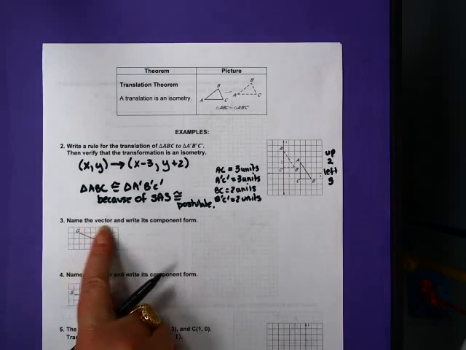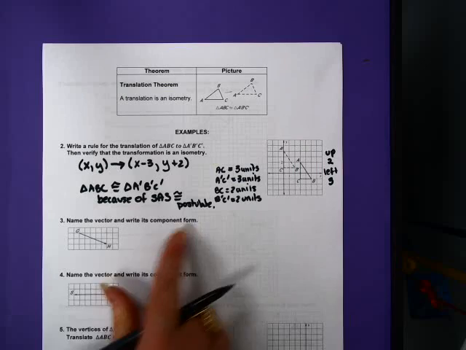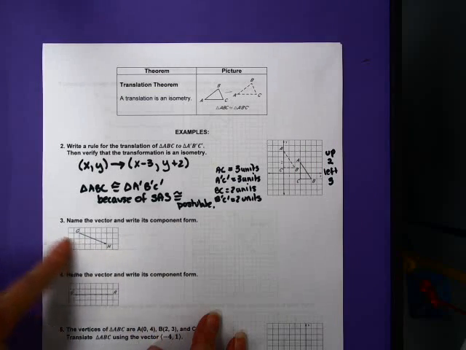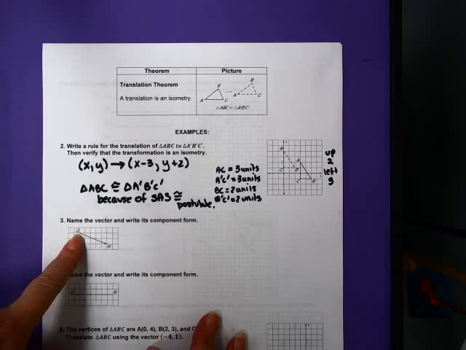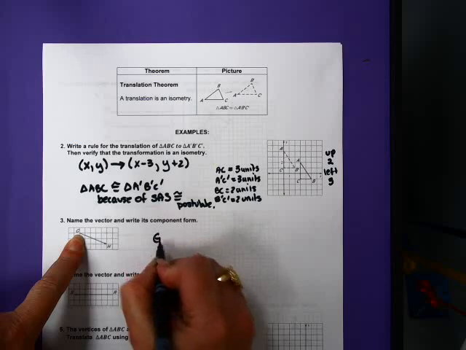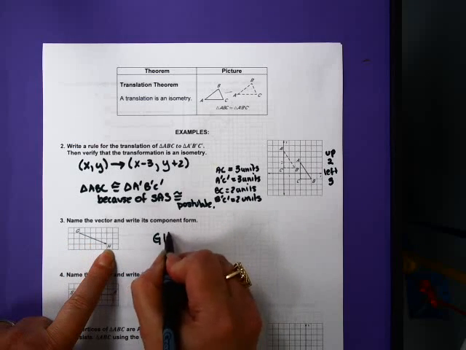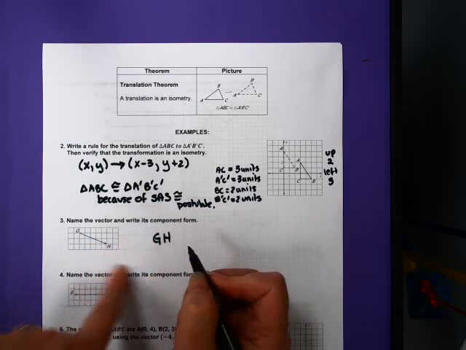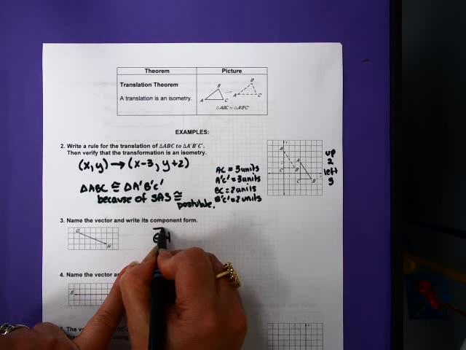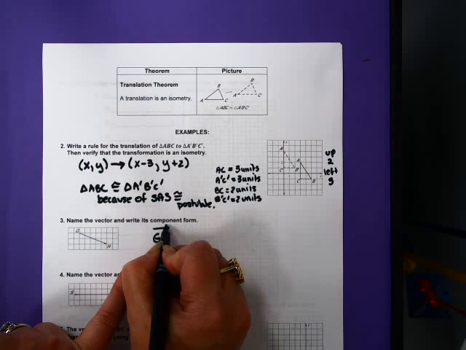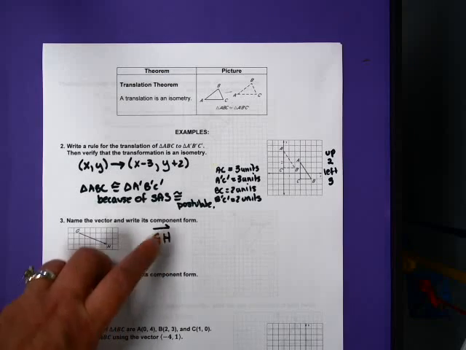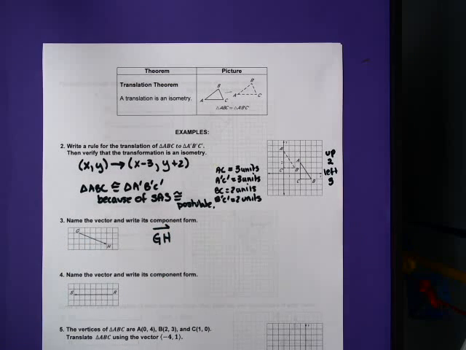All right, next one. Name the vector and write its component form. All right, where's the beginning point? Where's the end point? It begins here at G. It ends here at H. And to use vector notation, it's an arrow with only one of the little arrow marks, not the one on the bottom, just the one on the top.